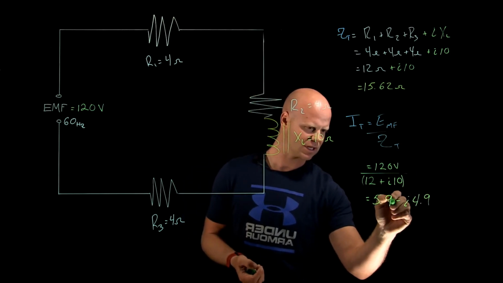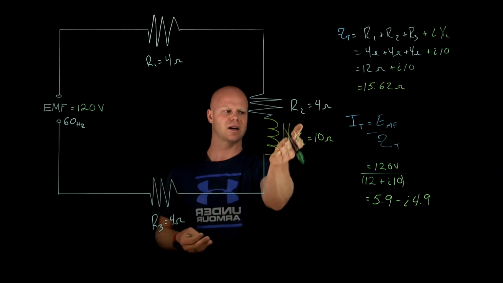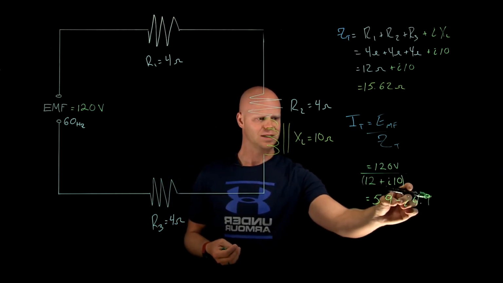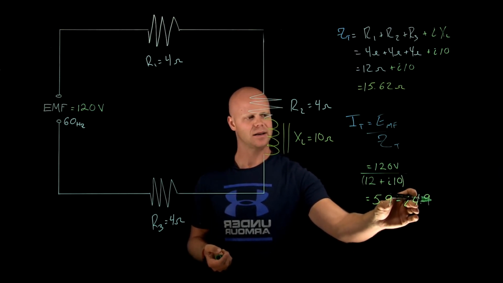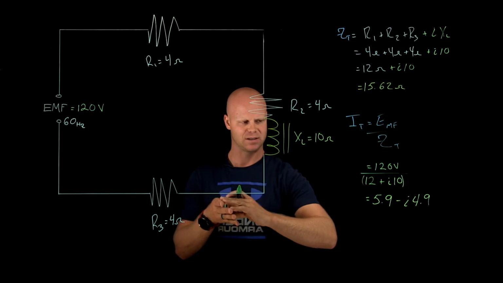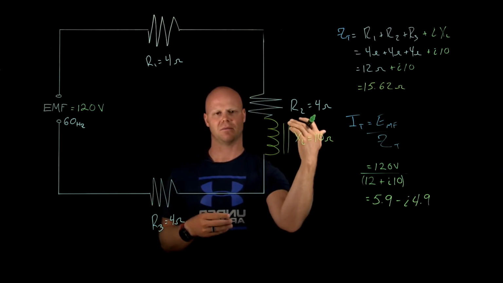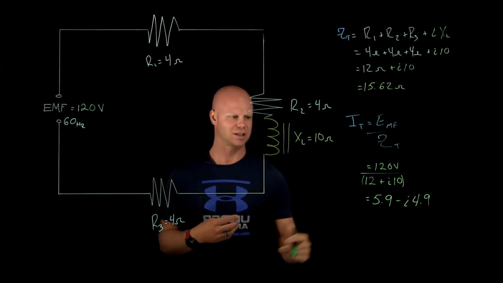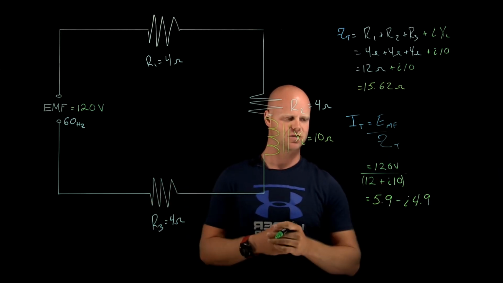And if you'll notice this minus symbol, that makes sense because this is an inductive circuit. So my reactive component is lagging, it's minus, it is behind my voltage. That's exactly what should happen. In an inductive circuit, my reactive current is lagging my in-phase current. That's why this minus sign shows up. Perfect. That's exactly what should happen.